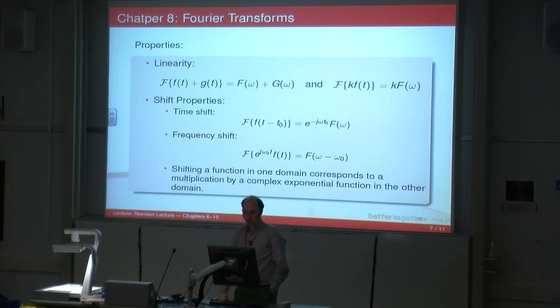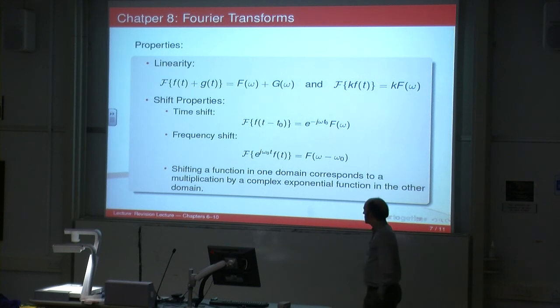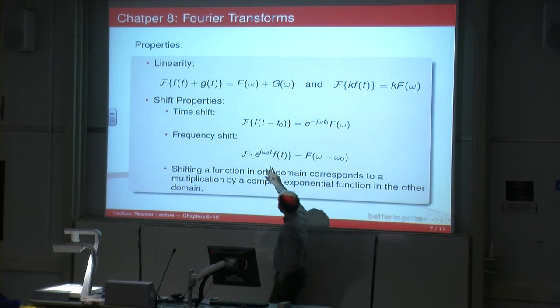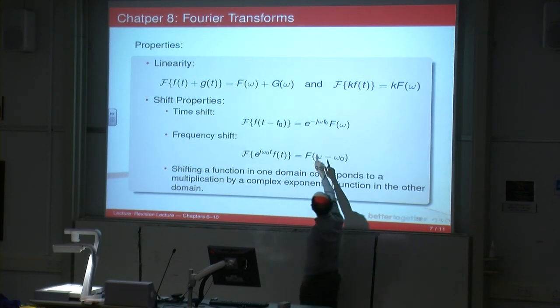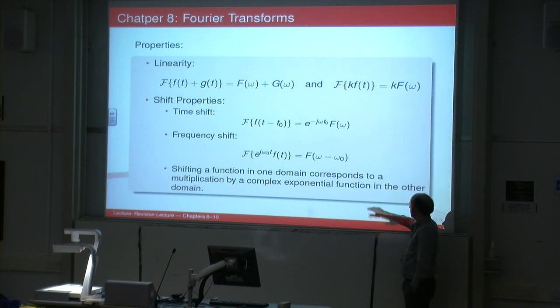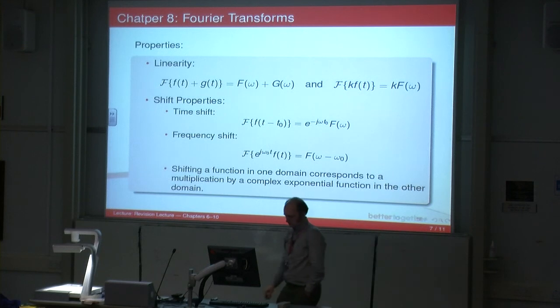So in other words, shifting a function in one domain corresponds to a multiplication by a complex exponential, e to the j omega naught t or e to the minus j omega t naught, in the other domain. That's the shift properties.